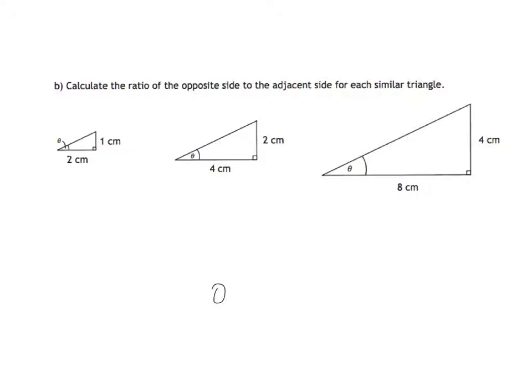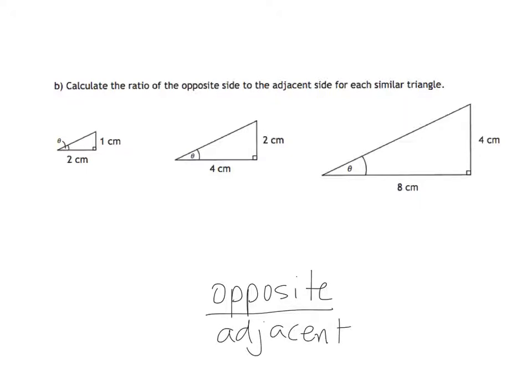The 1, right? It's asking us for a ratio of opposite to adjacent. So for this one, 1 is the opposite and 2 is the adjacent. It's equal to 1/2 for that triangle.